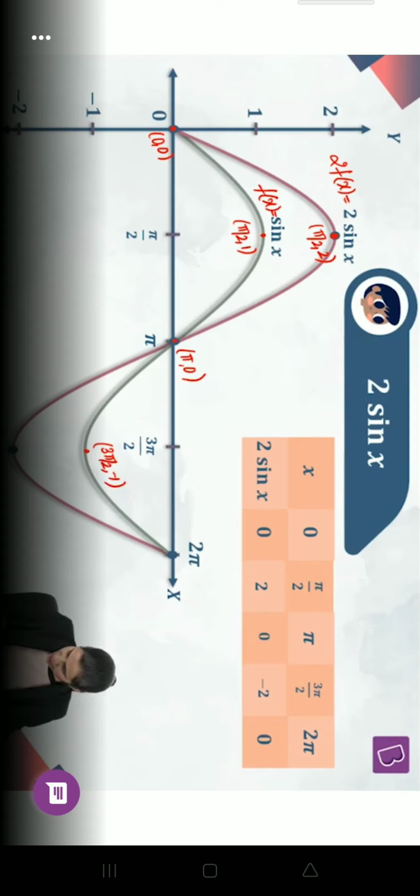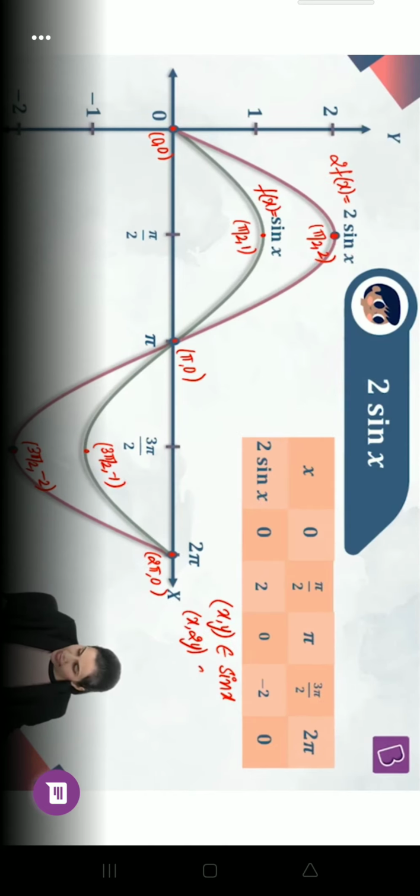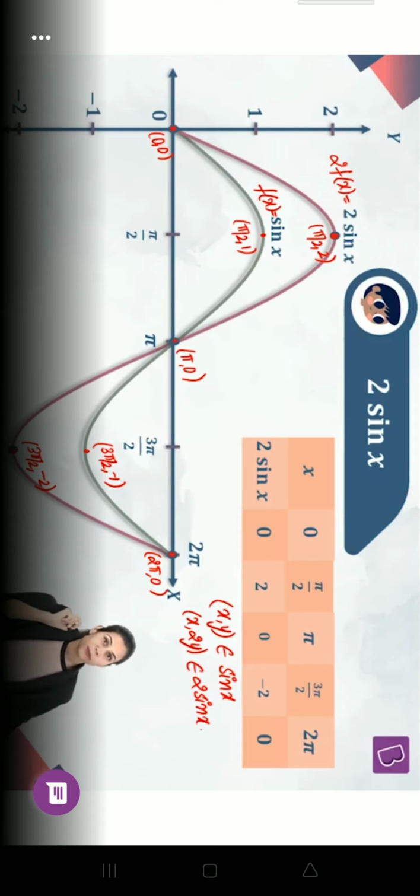That's it. The good news is that this not just works for the sine function, but in fact, it works for any function f. If you have the graph of f with you and you shrink it along the y-axis a times, you end up getting the graph of a times f of x, where a is a fraction strictly between 0 and 1. And hence, now we know that if a is a number strictly greater than 1, then don't do anything.